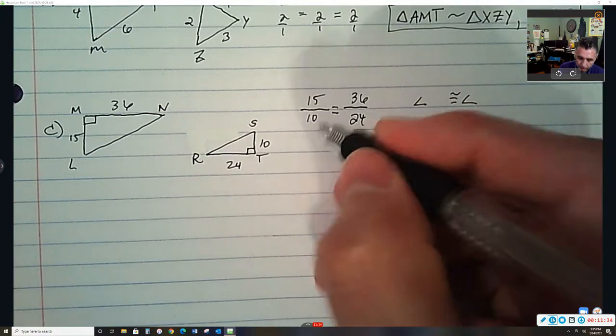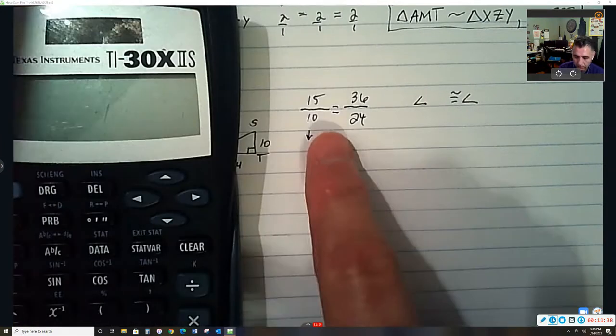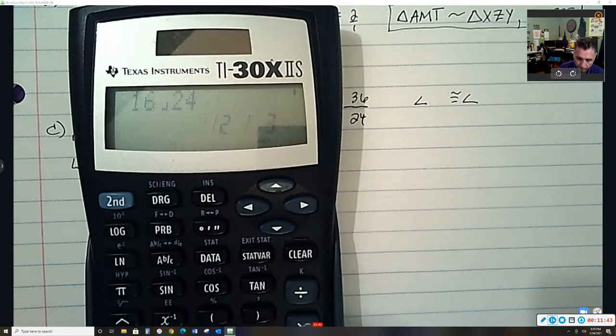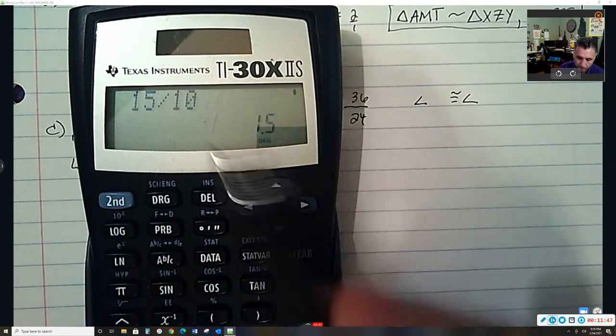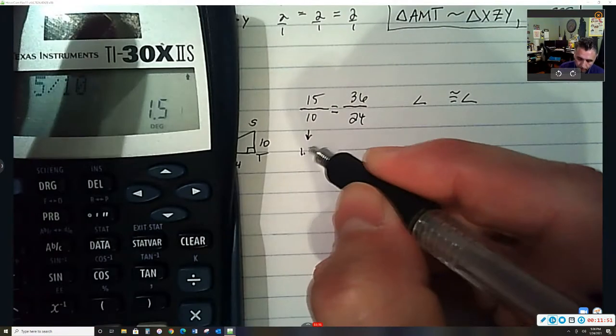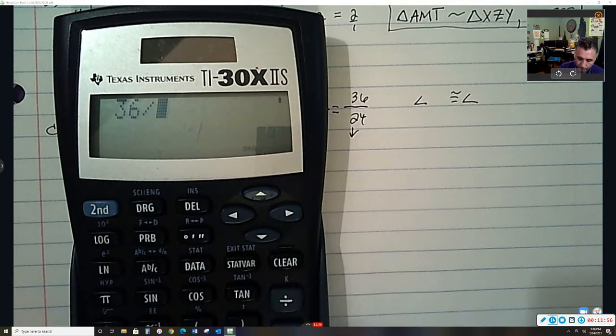Okay, and then this, watch, I'm going to show you a different way you can check this. This 15 over 10, if you take your calculator, there's different ways you can do this. Let's just say you want to check it as a decimal. If you divide it, 15 divided by 10, you get 1.5. And then 36 over 24, you get 1.5.